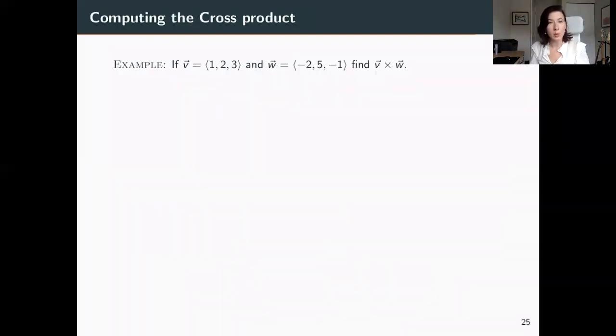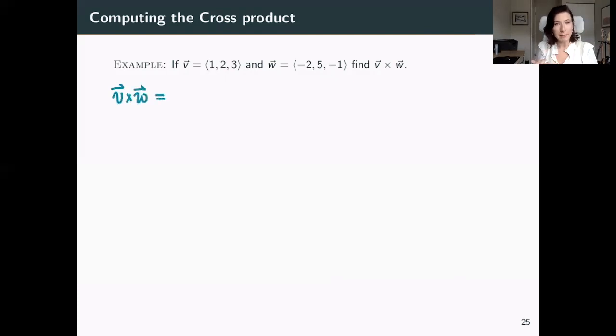In this example, we are just computing the cross product given two vectors v and w in three-dimensional space. You're welcome to use either form of the cross product, whether it be component or in terms of the standard basis vectors and determinants. I'll go ahead and use the latter since it's slightly unfamiliar to those of you who haven't seen linear algebra. To compute the cross product, we are looking for v cross w.